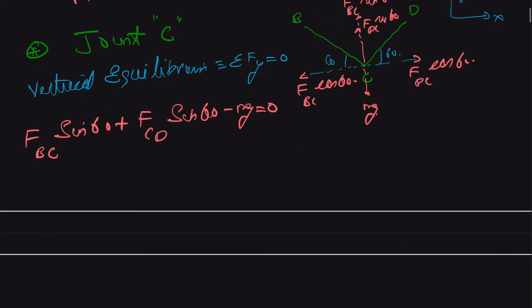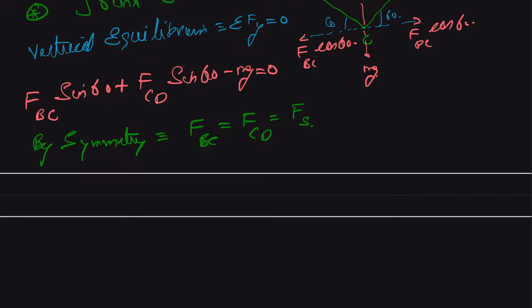Because of symmetric nature, by symmetry we can say that FBC is equal to FCD, and let us call this FS.